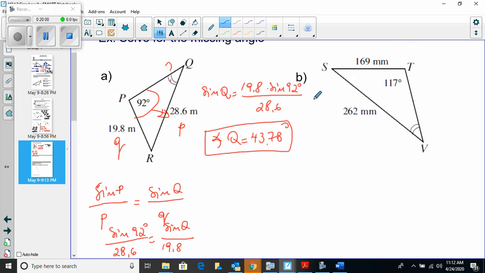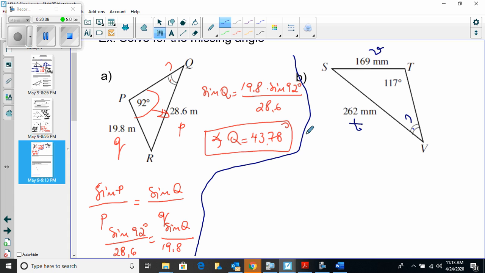Let's move to the next one now. The next example is triangle STV, and what we are looking for is angle V, knowing that the opposite side of angle V is lowercase v, 169 millimeters, and the opposite side of angle T is lowercase t, 262 millimeters.